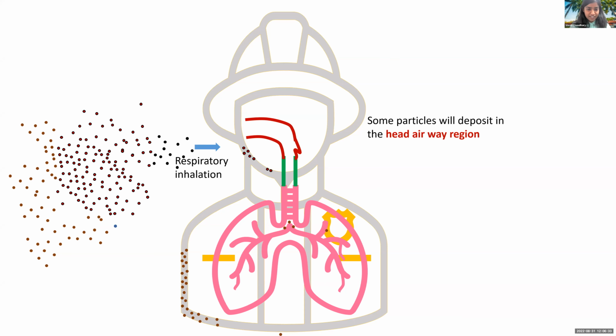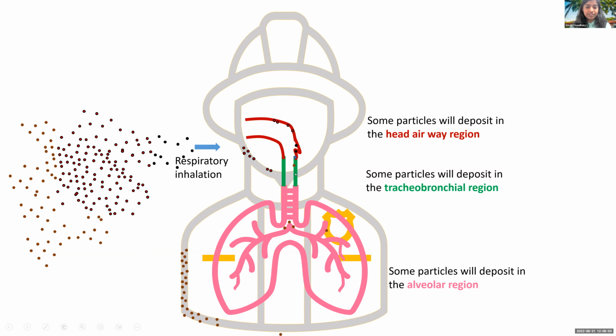When they inhale those particles, some will deposit in your head airway region, and this applies to all human beings. Some particles will deposit in your tracheobronchial region, the green region, and some particles will go all the way into your alveolar region, deep inside your lungs. So this is the story of how particles deposit inside your respiratory system.